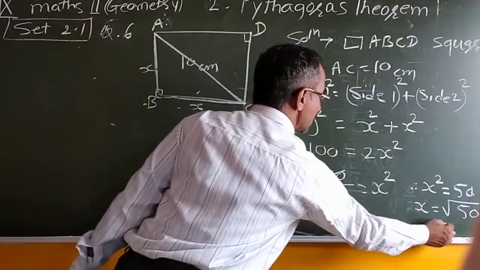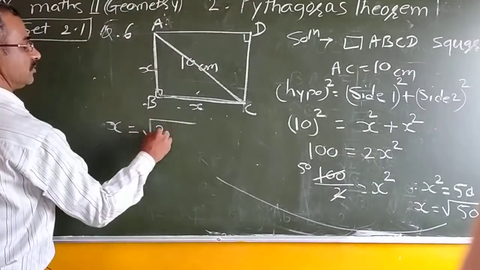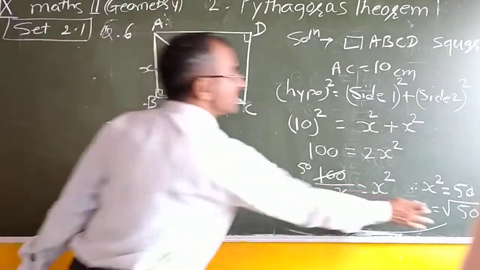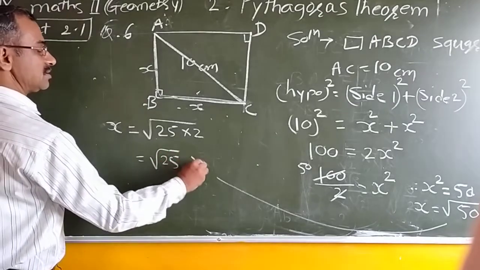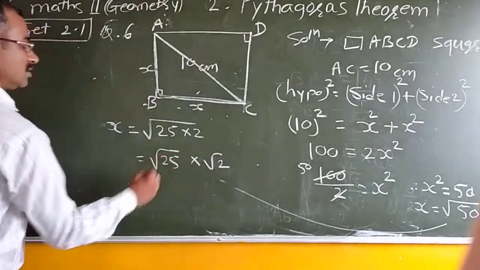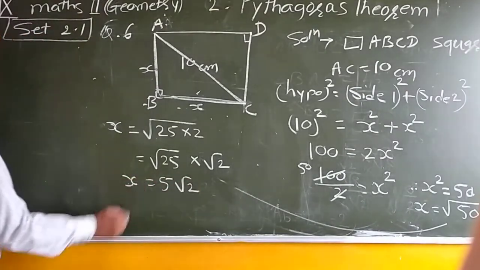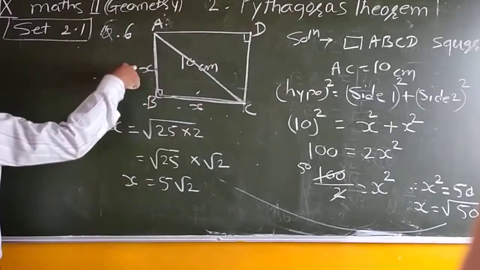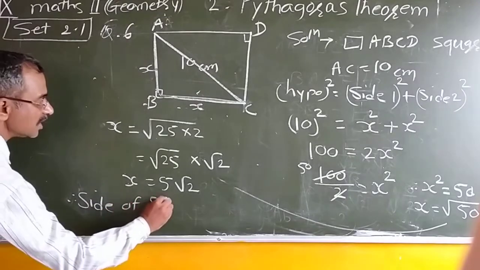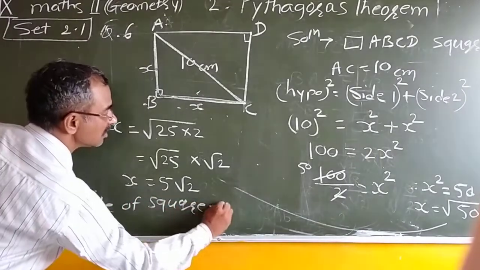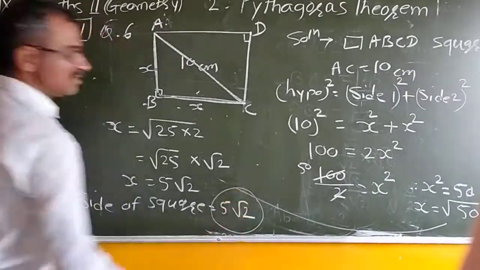Under root 50 is also written as 25 into 2. Square root of 25 is 5, root 2 remains as it is, so we get the value of x. This x is the side of the square. Therefore, the side of the square is 5 root 2.